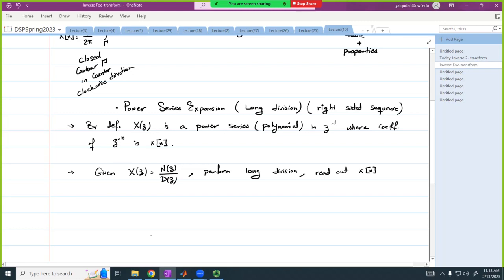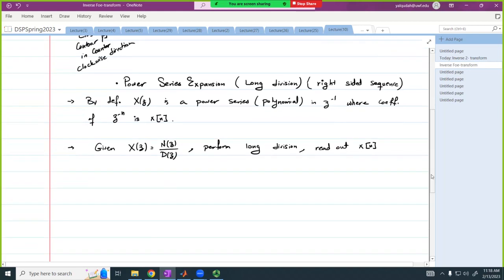So let's do an example. Let's say we have x of z that is equal to 4z squared minus 5z minus 1 divided by z squared minus 1 over 4z minus 3 over 8.